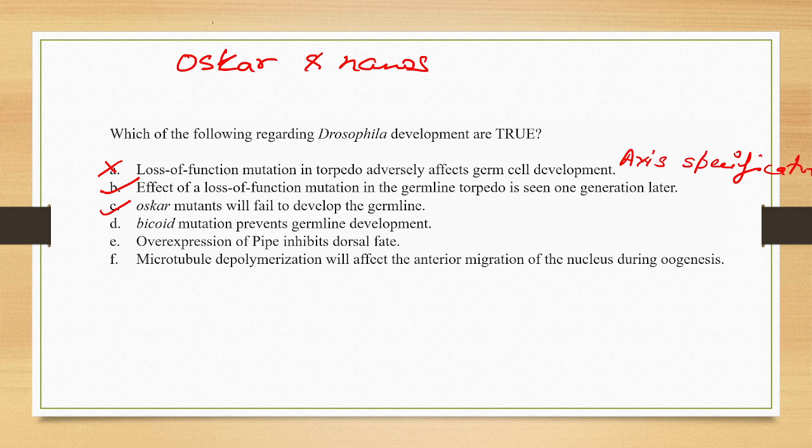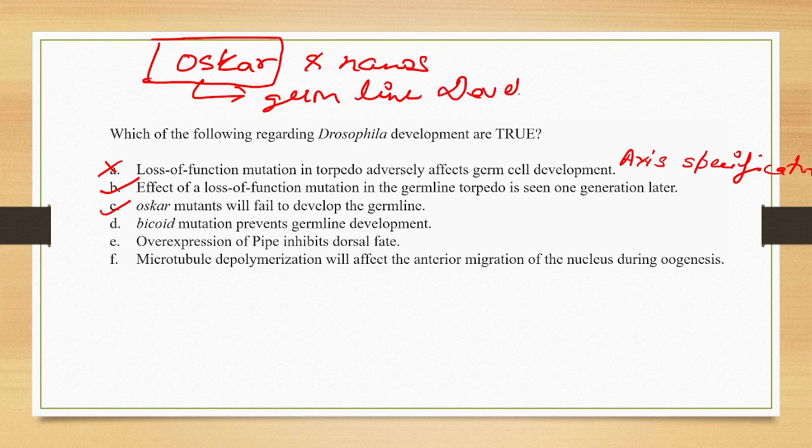So always remember that germline development is regulated by Oscar. So the bicoid option is wrong.